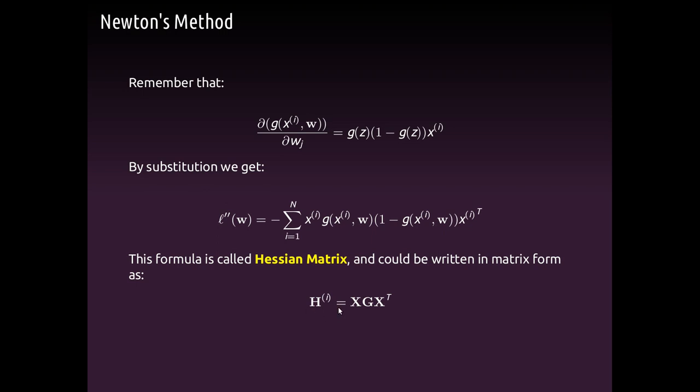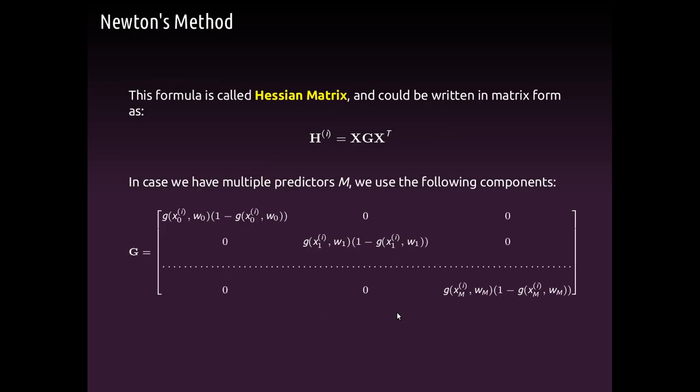We can say that the capital H super i equals the matrix X multiplied by this inside component G multiplied by the transpose of the matrix X of our predictors.